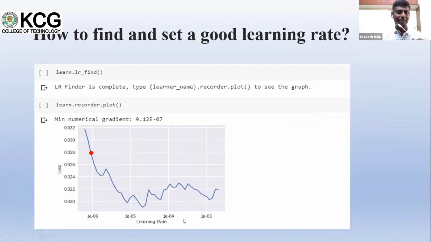Because it's nothing but how fast you are fine tuning your loss. So that is a hyper parameter for deep learning. And with the help of the learning rate, you can make the model quickly understand the pattern and build the model. So learning rate should not be higher.